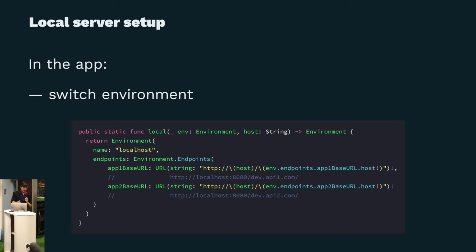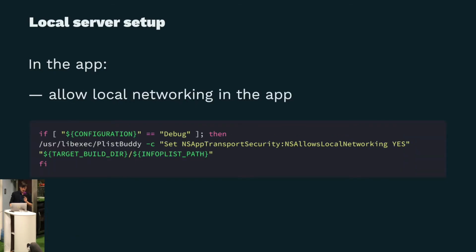And then we integrate it with the same machinery that we use to switch environments in the app. Another small thing is that to talk with localhost, if you use TLS, Transport Layer Security, then you need to enable local networking in Info.plist.